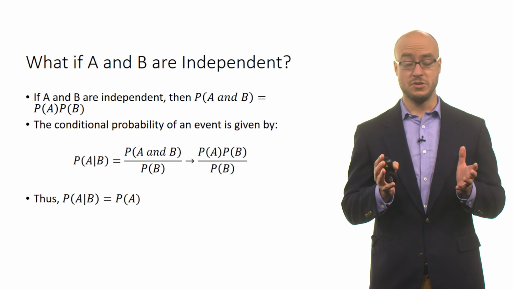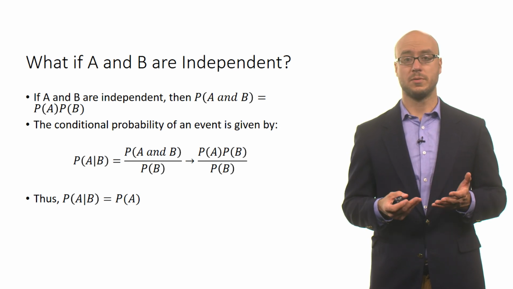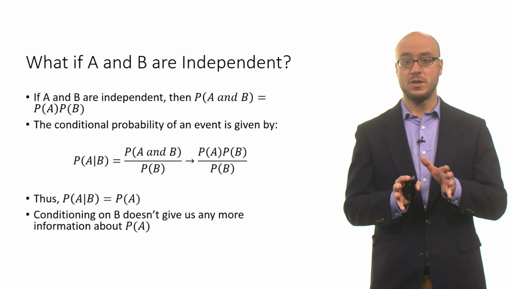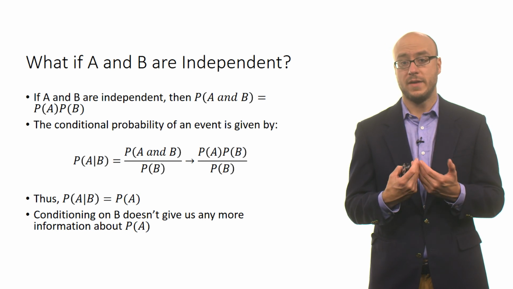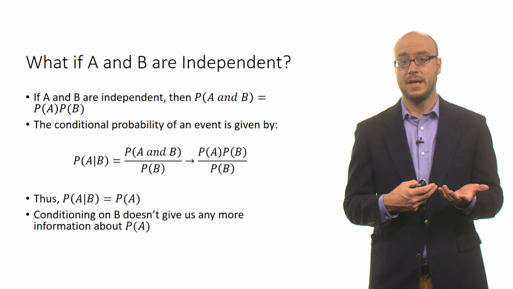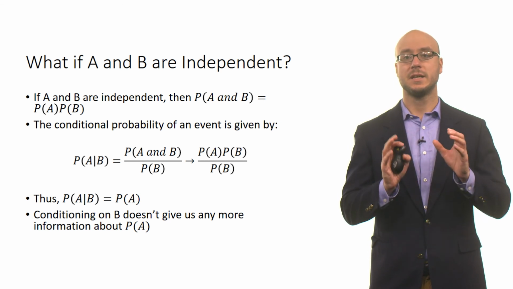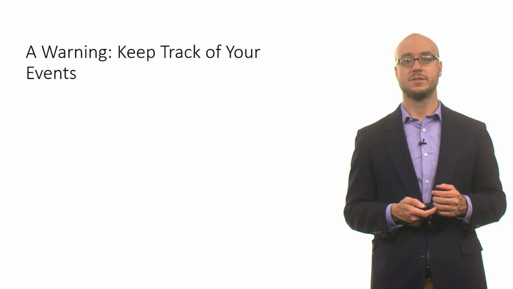And so then we know that the probability of A given B equals the overall probability of A. To put it another way, knowing anything about B doesn't tell us about the probability of event A. This makes sense given that A and B are in fact independent events.